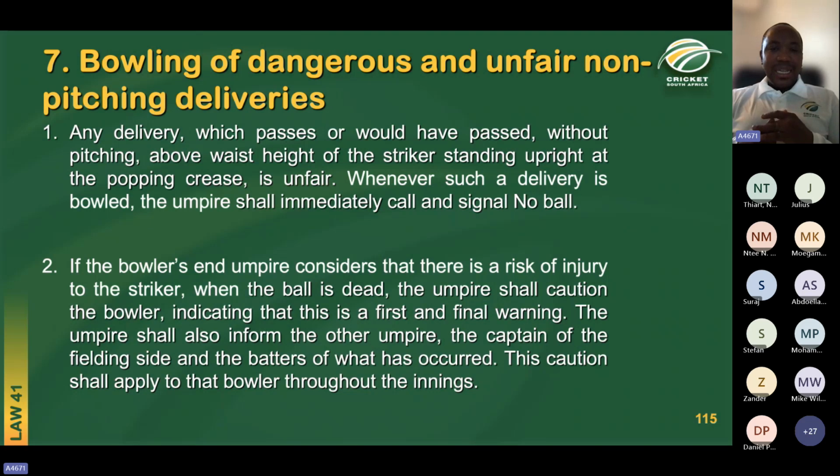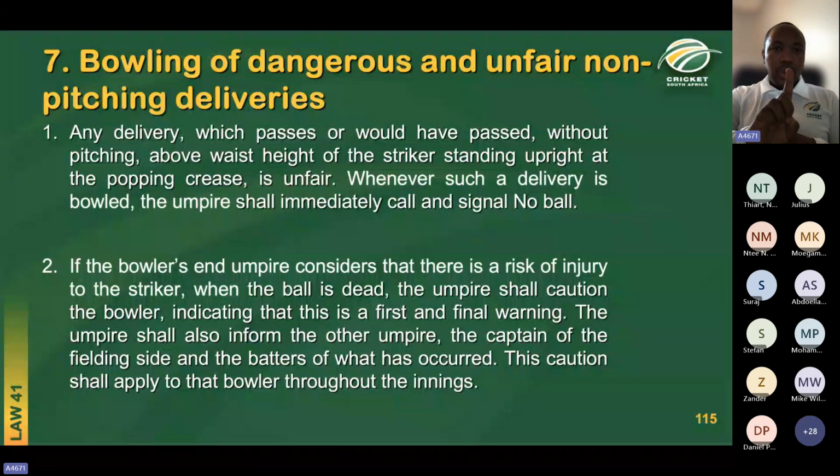So if the striker's end umpire has called and signaled no ball because of a non-pitching delivery or a full toss above waist height of the striker standing upright at the popping crease, then if the bowler's end umpire adjudicates that the delivery was directed at the striker, then he or she will give the bowler a first and final warning.